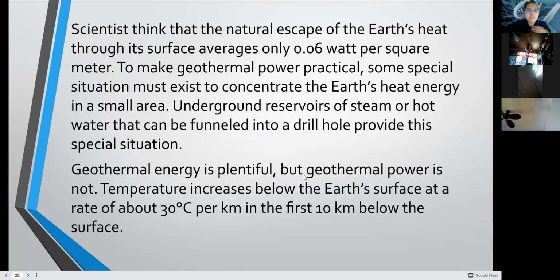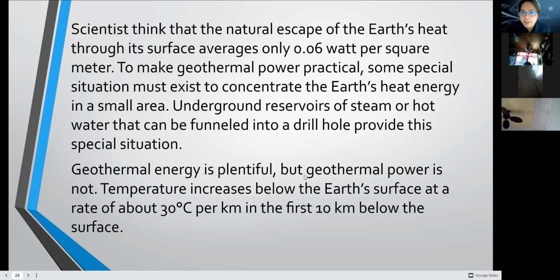Scientists think that the natural escape of Earth's heat through its surface averages only 0.06 watt per square meter. To make geothermal power practical, some special situation must exist to concentrate the Earth's heat energy in a small area. An underground reservoir of steam or hot water can be funneled into a drill hole to provide this special situation.